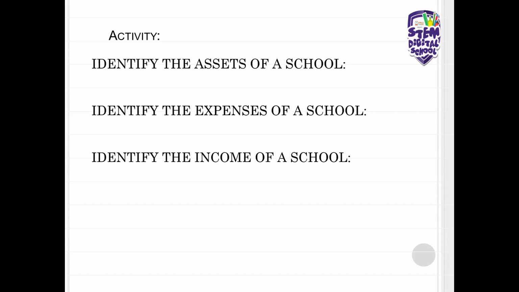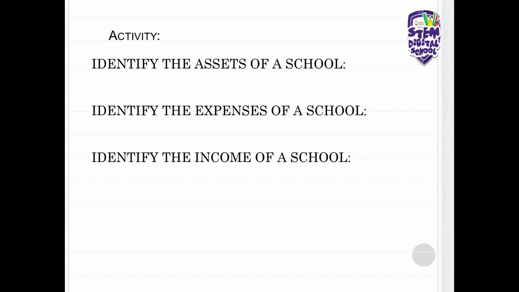Then, if we look at number 3, where I said identify the income of a school. Somebody was saying school fees and fundraising, absolutely correct. So that is one way the school is getting some money in. That is the income of the school, from the learners who need to pay school fees or school funds. And the schools will also have fundraising projects where they try to get some money in.